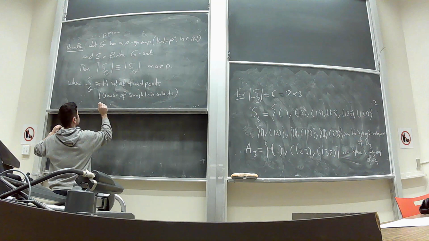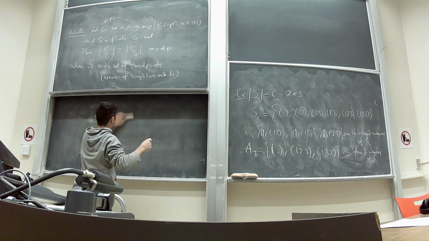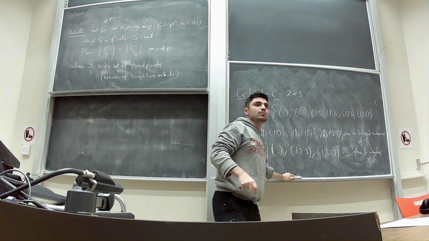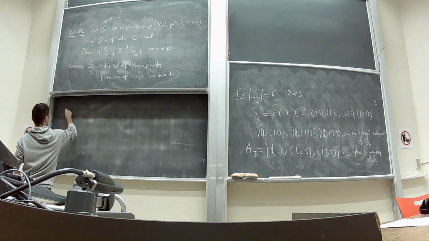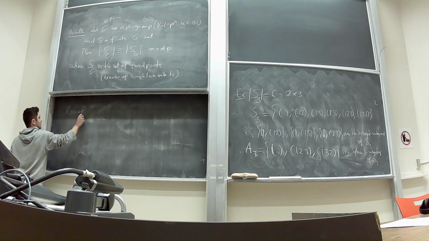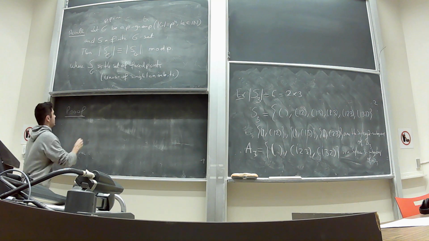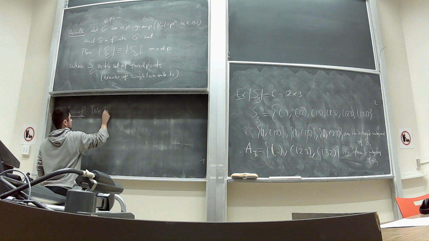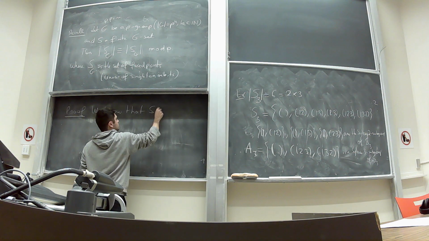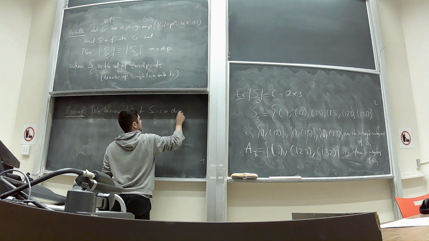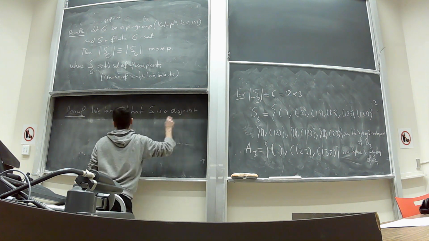Okay, let's prove this theorem. I mean, the proof is not bad. The proof is just a very quick proof. We know that S is a disjoint union of orbits.